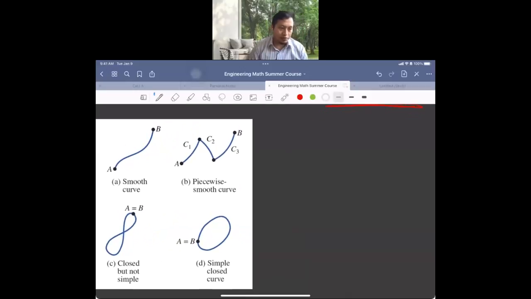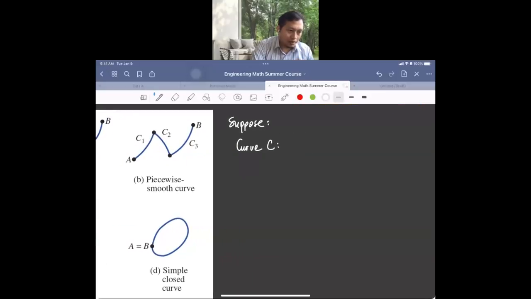So we are going to take some terminology. Let's say curve C. Suppose the curve C is parameterized by f of t and g of t for x and y.